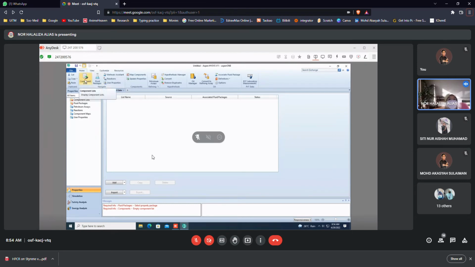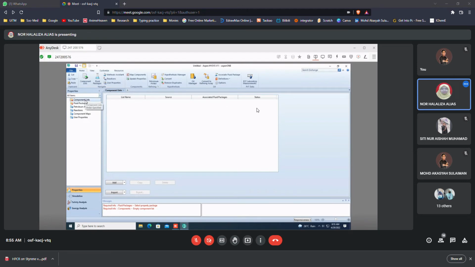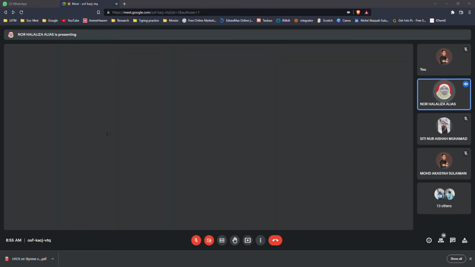So you just focus on these two at the moment. If you click here, we have the properties and simulation. The first one we have is the properties. You click component list, and you will have the add button here. So I just click add.